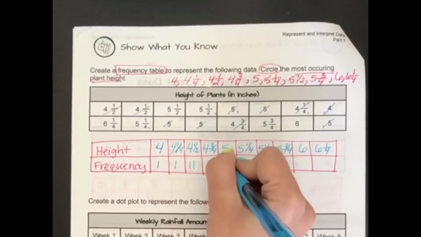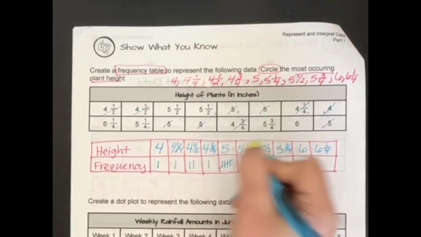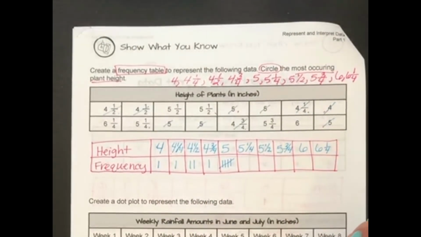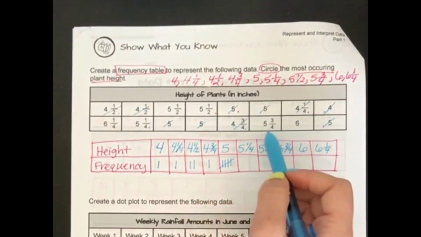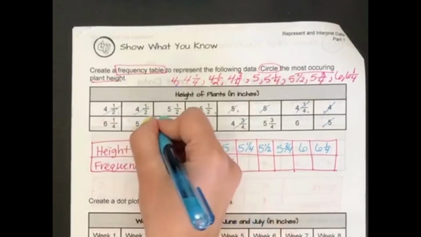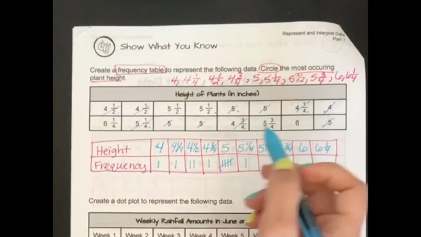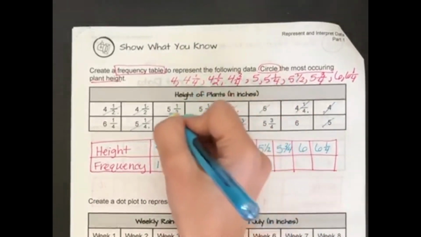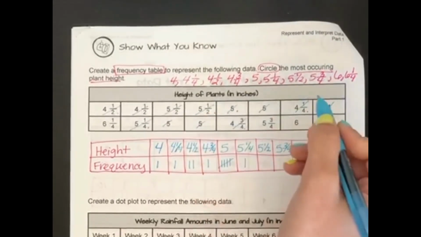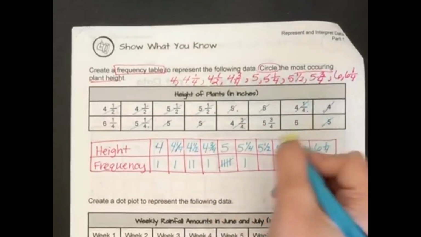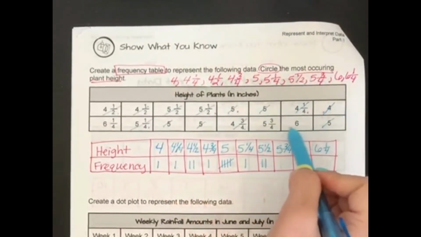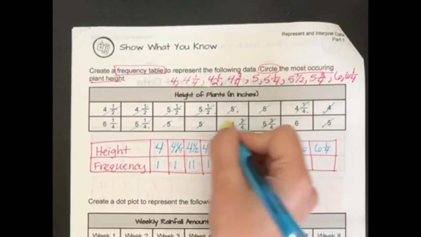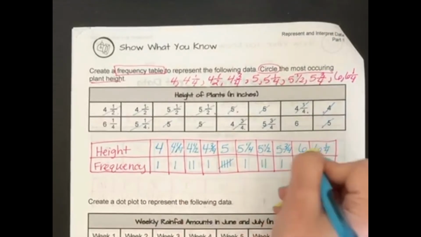Wow, that was a popular height. 5 1/4. Just 1. 5 1/2. I've got 1, 2. 5 3/4. I have 1. 6.